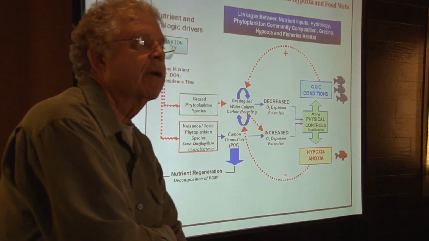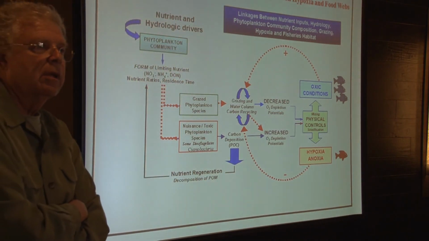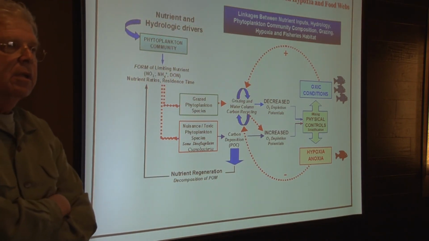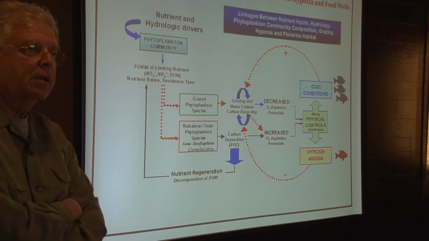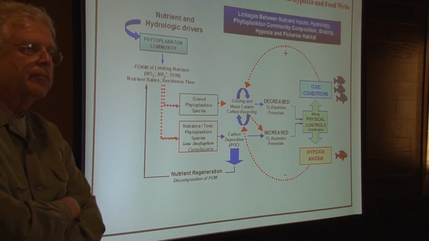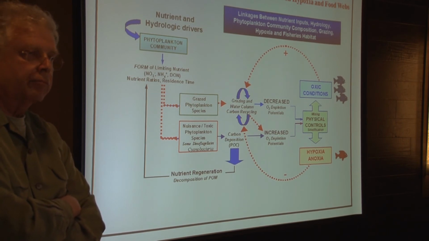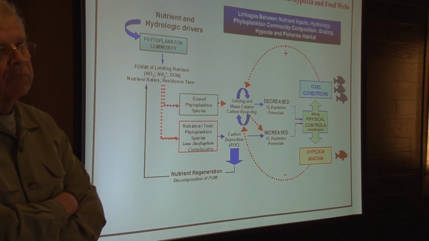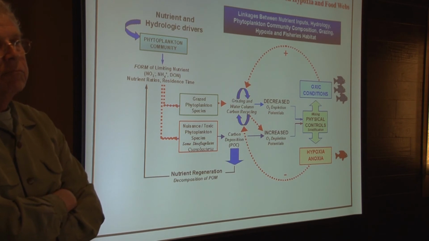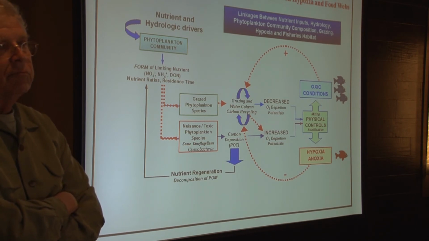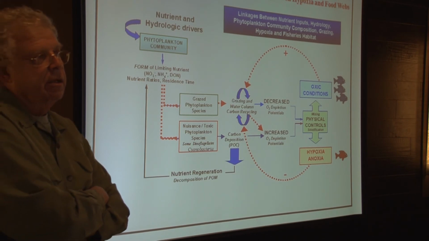Hans, you talked about physical factors and nutrient forms as drivers of changing phytoplankton community composition. What about interactions between species? Selective grazing, interactions between allelopathy, those kinds of things. You didn't say anything about those processes.